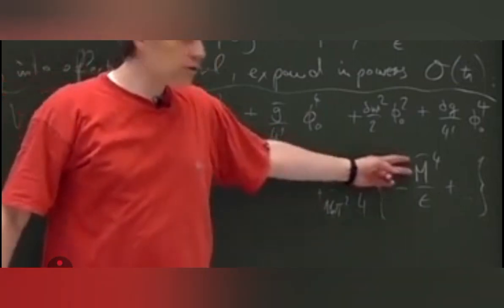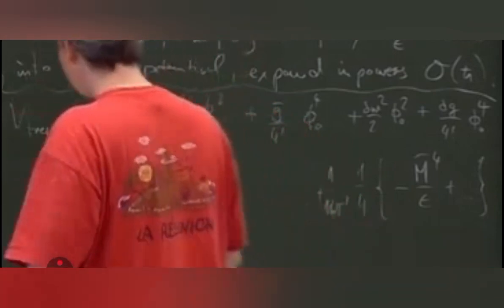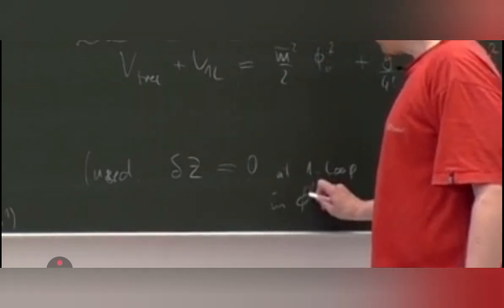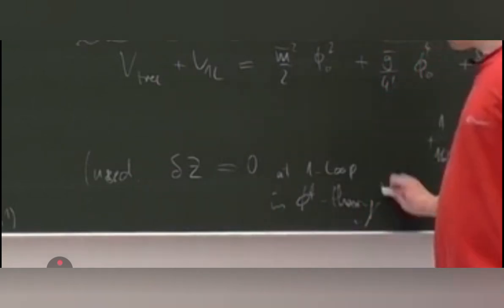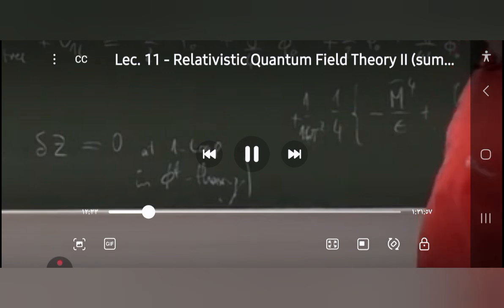Therefore here I can just replace parameters by tree-level parameters. And here I've used something: delta z is 0 at one-loop order in such a phi to the 4 theory. That is just a known result which we derived in other lectures and which we also derived in the exercise. Therefore there is no appearance of this delta z.